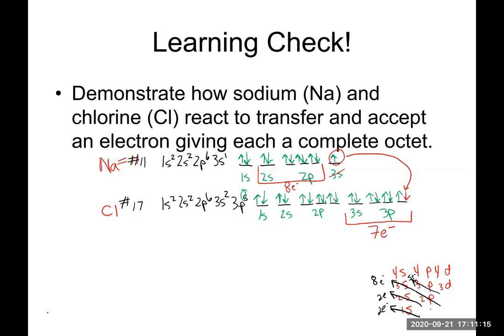When it transfers that electron, now chlorine has 8 electrons in its outer valence of n equals 3, and sodium has 8 electrons in its outer valence of n equals 2. And this is how they form a compound, an ionic compound, sodium chloride, where they are both giving each other a complete and stable octet in the outer valence.